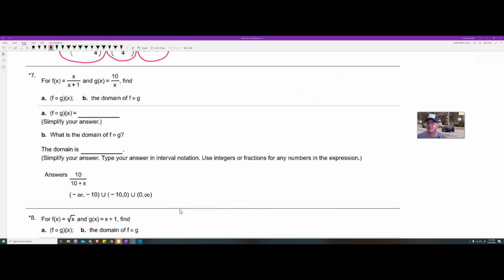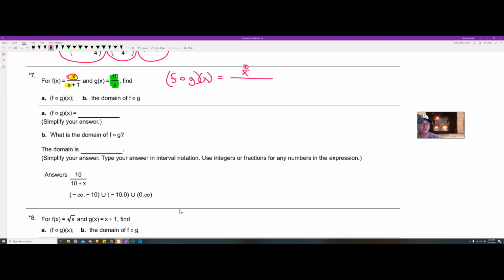Okay, number 7 is very similar to the others, except we've got this extra x here. So find the composite. Let's do that first. I'm going to take my inner function, which is this, and every place where I see an x, I'm going to write that green expression. So in the numerator, I'm going to have 10 divided by x.